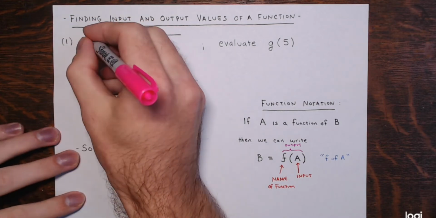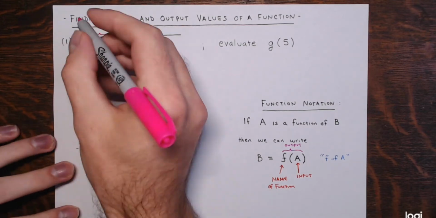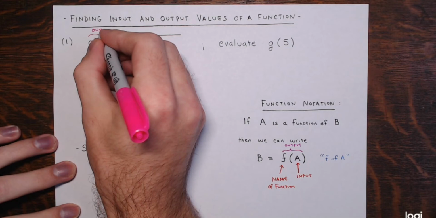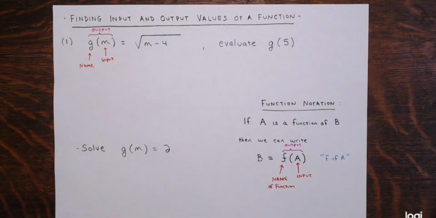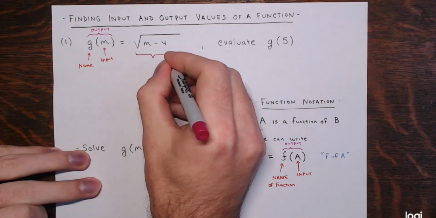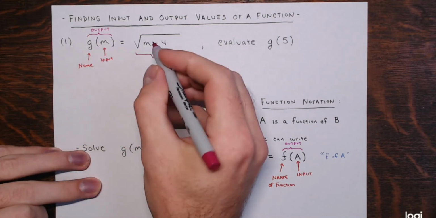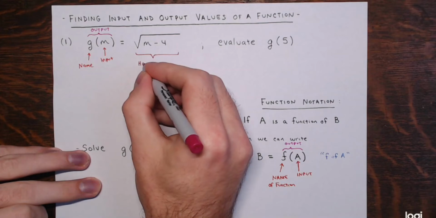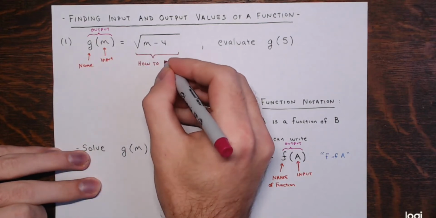And then g of m, the entire thing here, represents the output, right? And then on the other side is also the output. It's just telling you how to calculate the output given an input of m. So the expression on the other side should be an expression involving the input variable, and it just shows how to calculate the output. So it also represents the output, but just shows you how to calculate it.